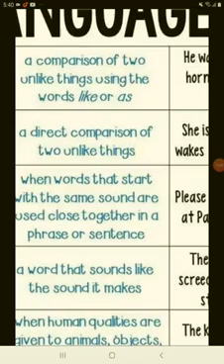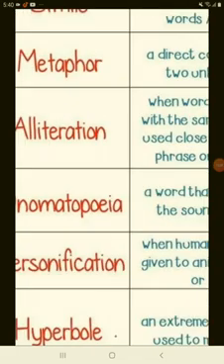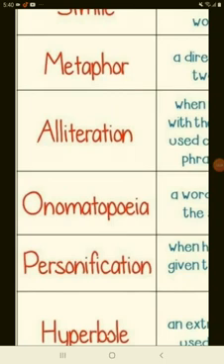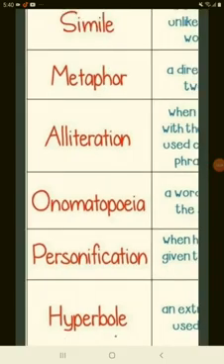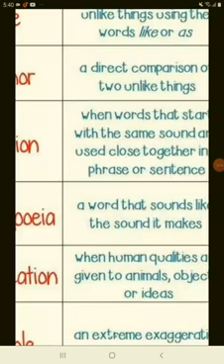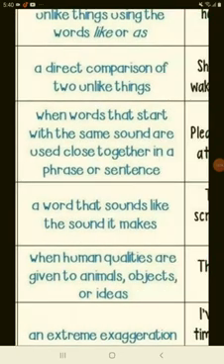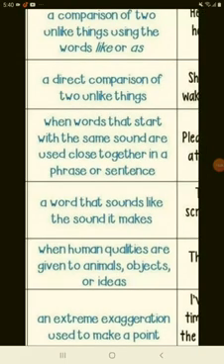Now let us look at the next category, which is personification. Personification is another poetic device which is used where human qualities are given to animals, objects, or ideas. Now you are transferring the qualities of humans to words, an idea, or an object, or perhaps even an animal.